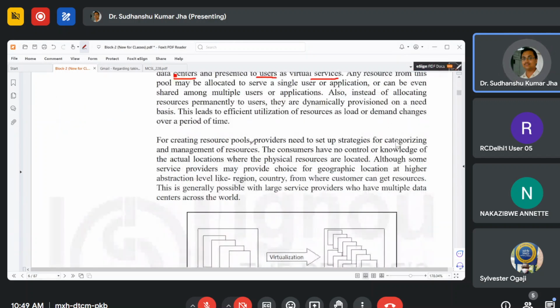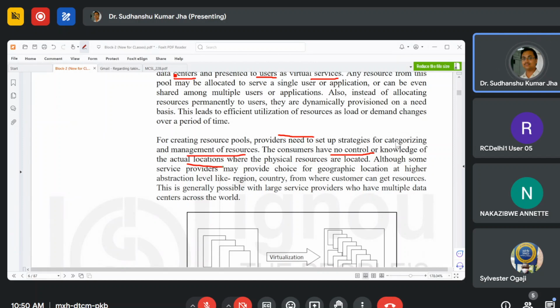For creating the resource pool, providers need to set up a strategy for categorizing and managing the resources, and consumers have no control or knowledge about the actual location where the physical resources are available. We discussed yesterday that as a customer, you will never know where the physical location of the resource is, where the data center is, or where the hardware or software of the cloud service provider is.